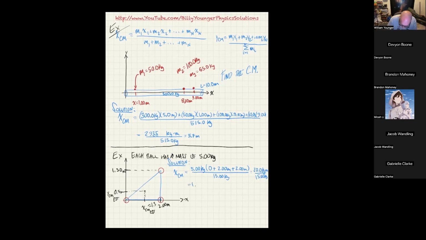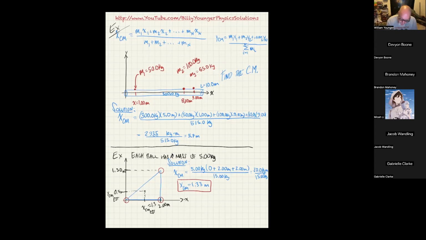So that's 1.33 meters is the X center of mass. I got a lot luckier than I did earlier today. That being said, I did actually solve a problem very much like this in class today. So maybe that's where I learned it. Maybe I'm cheating by accident. Anybody have any questions on that?